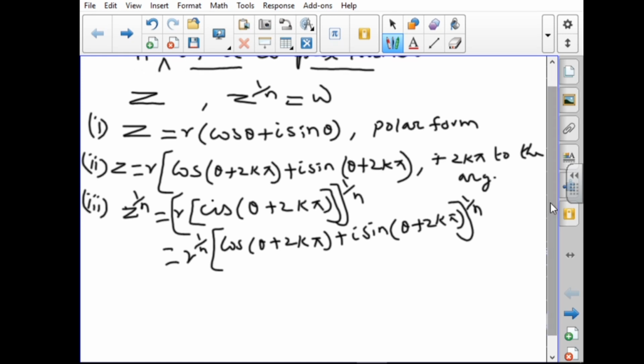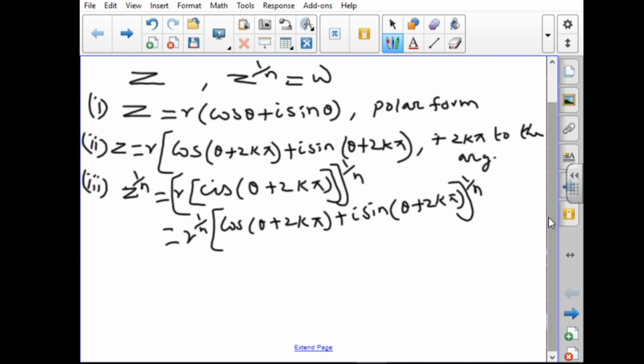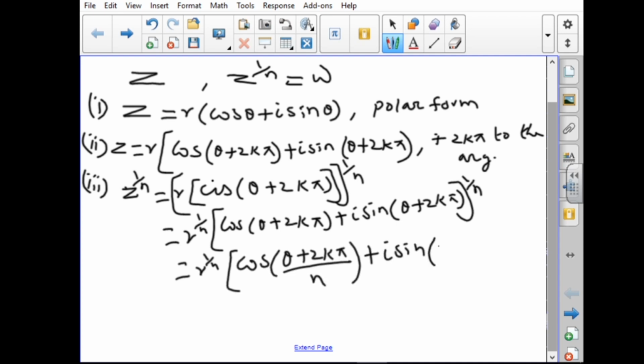Applying De Moivre's theorem, we know that cos theta plus i sin theta, the whole power n, is equal to cos n theta plus i sin n theta. So this is r power 1 by n into cos of theta plus 2k pi by n plus i sin of theta plus 2k pi by n.